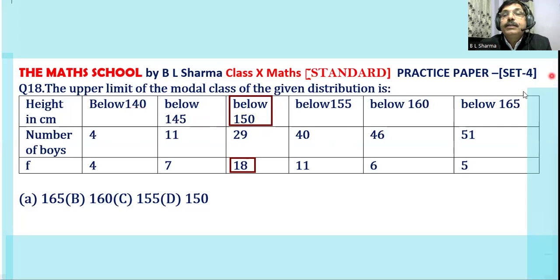But in the question it is upper limit. So upper limit is 150. So we can say that 150 is the correct answer of this question.